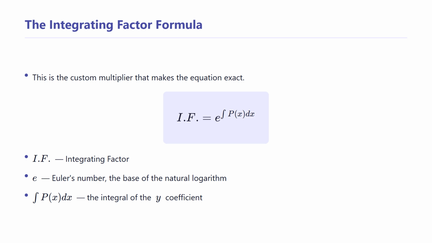The exponent tells us we must take the function p of x from our standard form and integrate it with respect to x. We usually ignore the constant of integration during this specific step because it would eventually cancel out anyway. If p of x increases, the integrating factor grows exponentially, which perfectly counterbalances the terms in our original equation to make it exact.